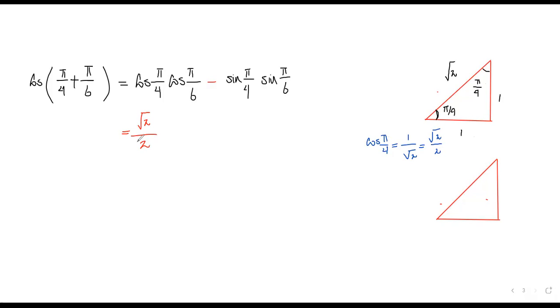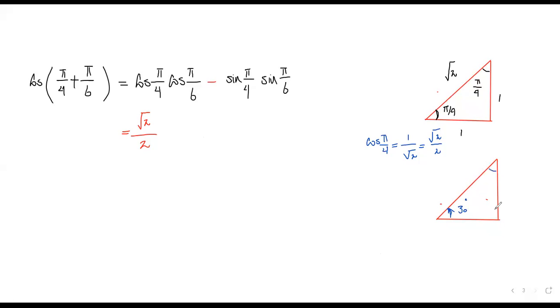How much is that? You may say square root of 3 over 2, but if you cannot memorize it, you're going to come to this triangle. Pi over 6 is how much in degrees? 30. You said 180 over 6 becomes 30. Then in this special triangle, we have 30 degrees.